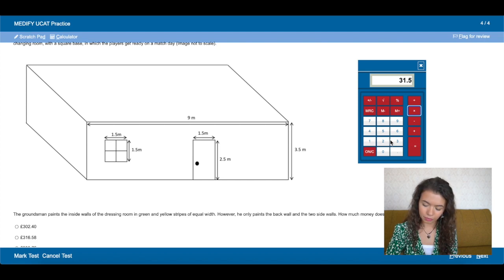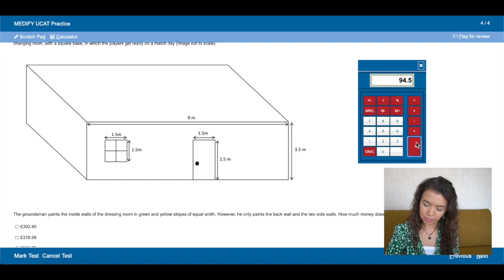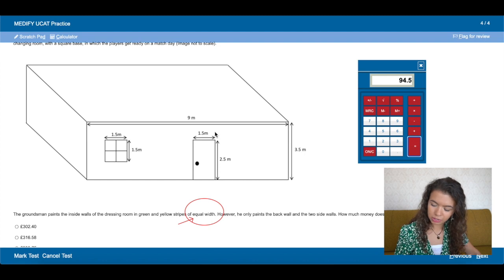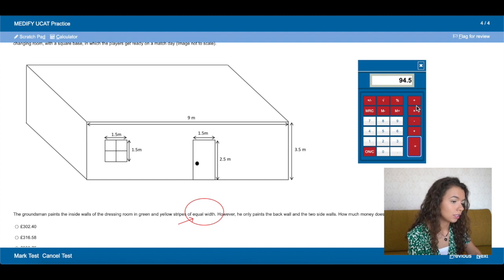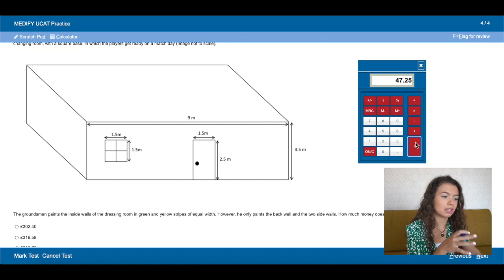So multiply that by 3 to give you the measurements of the 3 sides, which is 94.5 meters squared. Now he says that he's painted them in green and yellow stripes of equal width. So I'm going to divide that value by 2 to give us 47.25. And this number is the amount of surface area that is going to be used for each colour.